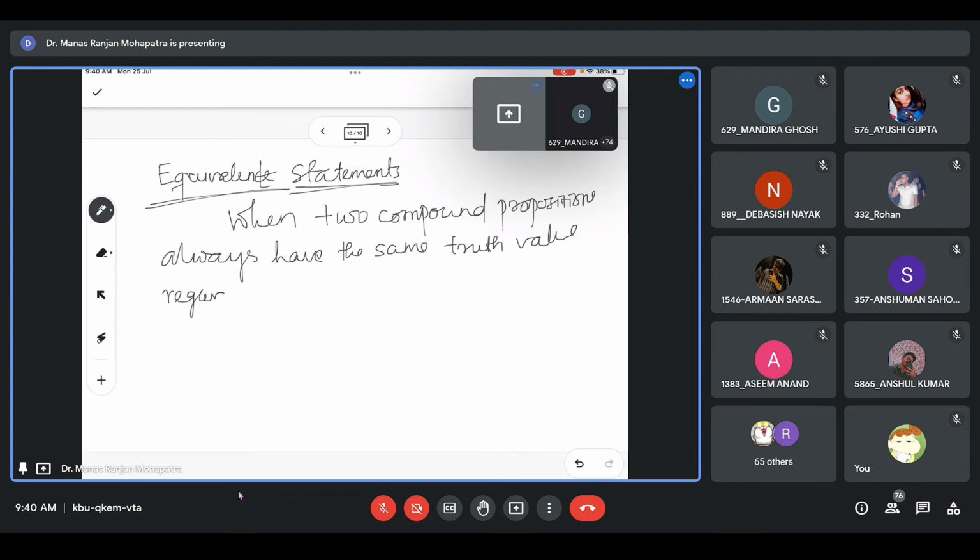Regardless of the truth values of the propositional variables.